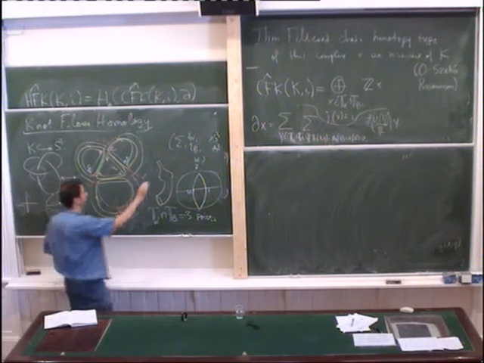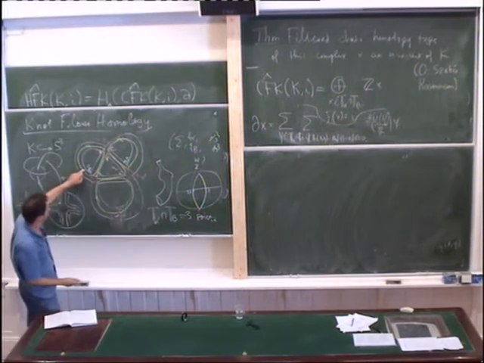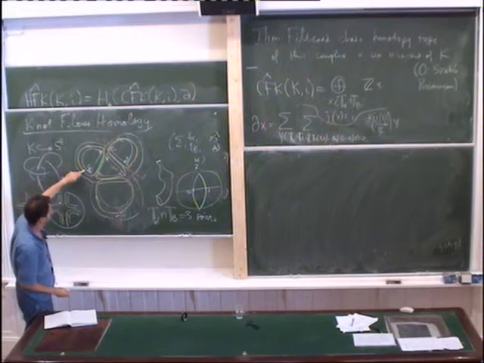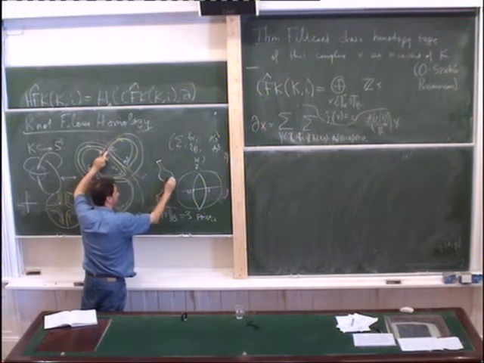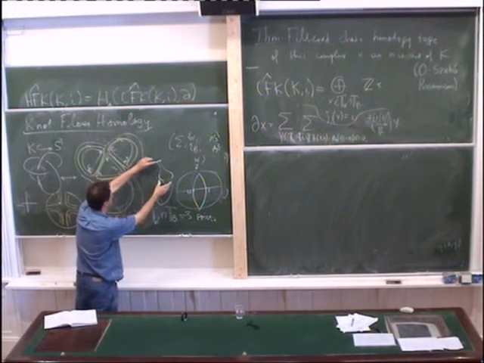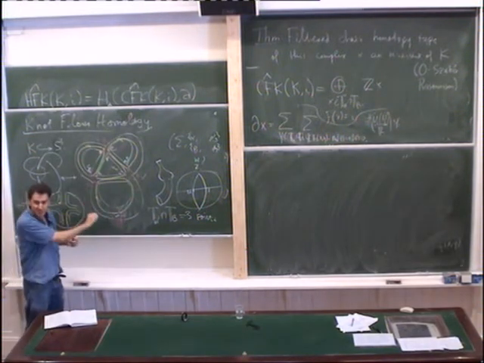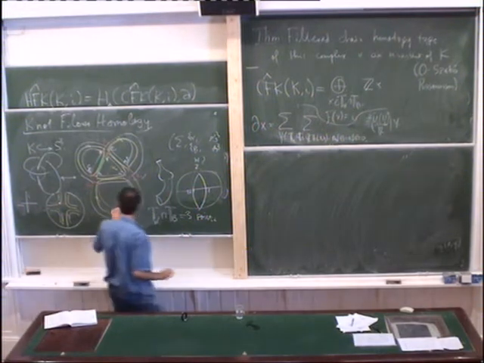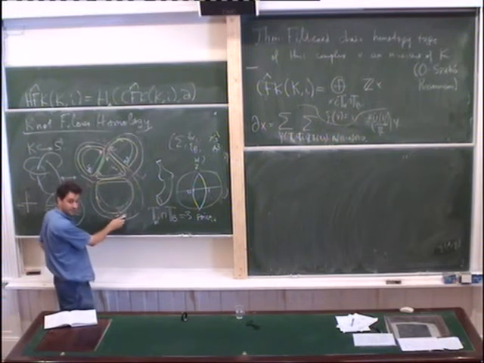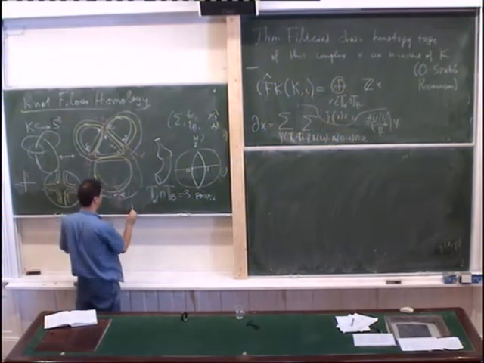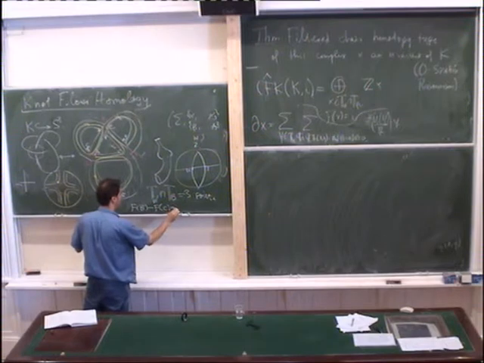It's got a little arc on this beta circle, a little arc on this beta circle, a little arc on this beta circle, and these 2 alpha arcs. You can shade it in your picture. And this domain uses the intersection point Z once. So what we see from this picture is that the filtration level of B minus the filtration level of C is equal to 1.